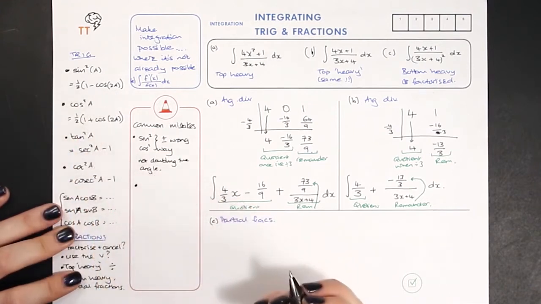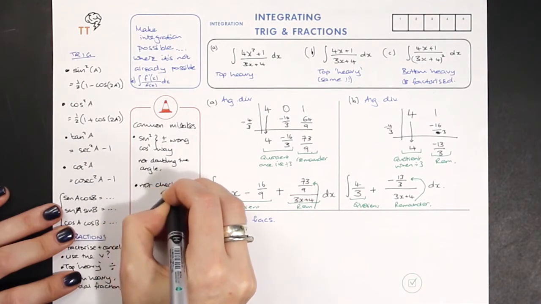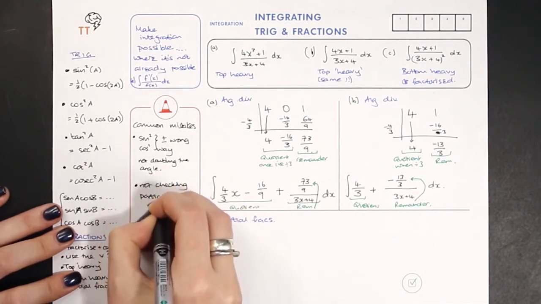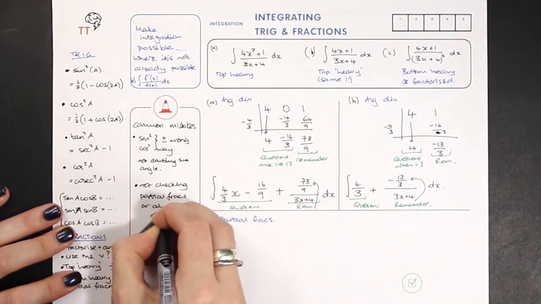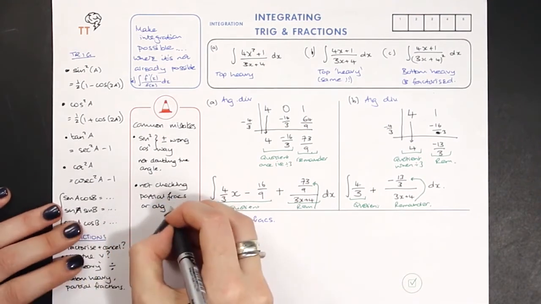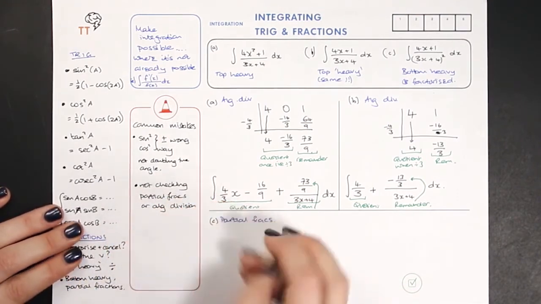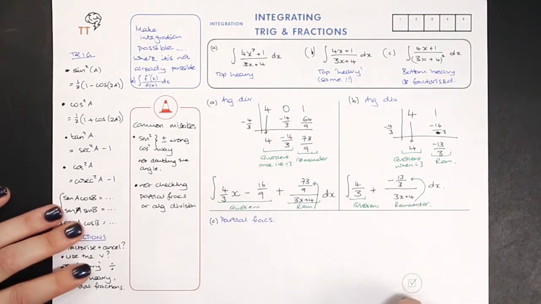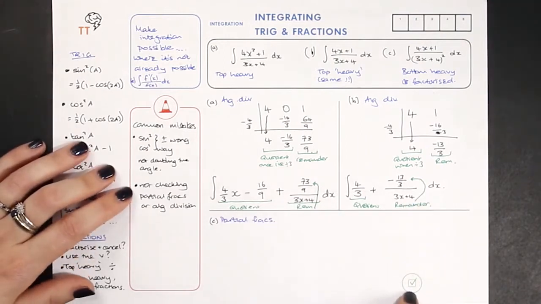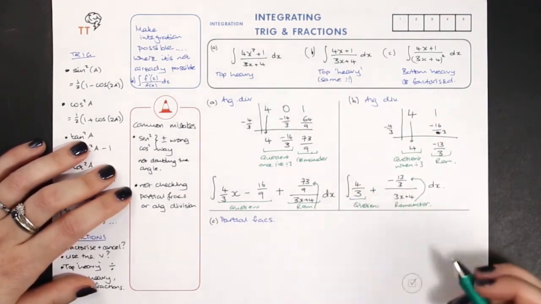The next most common mistake is not checking partial fractions or algebraic division. So you use algebraic division or partial fractions, and then on we go like I just said. Now, I'm going to check at the end. It's easy to check an integral if you've got limits, because you can just type it in.